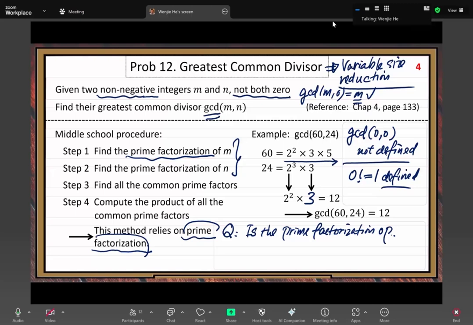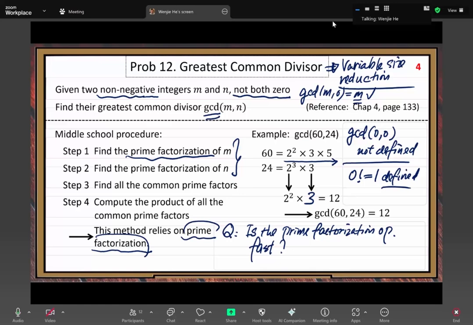Prime factorization we can still treat as one special operation, but it's a huge one. Is the prime factorization operation fast? Because the whole algorithm relies on this special operation. If the prime factorization operation is very slow, then your whole algorithm is very slow.